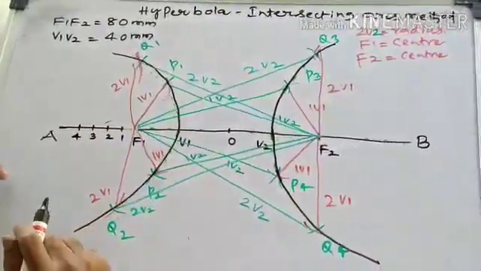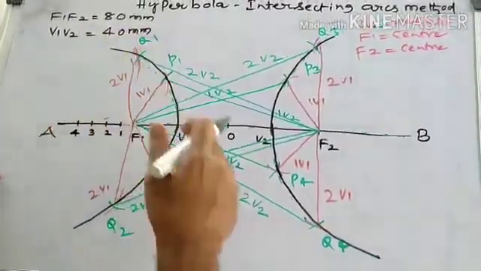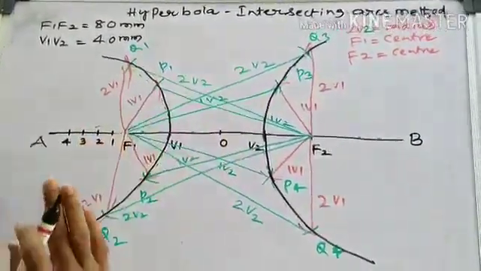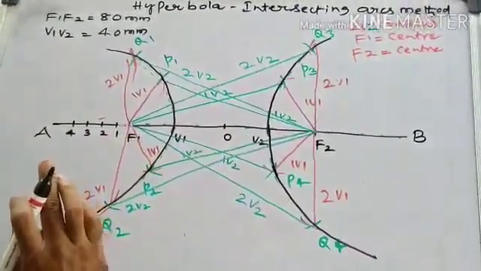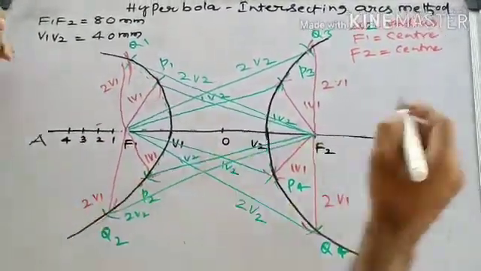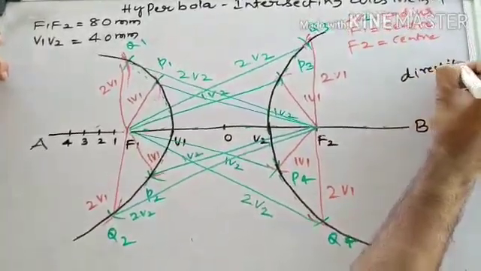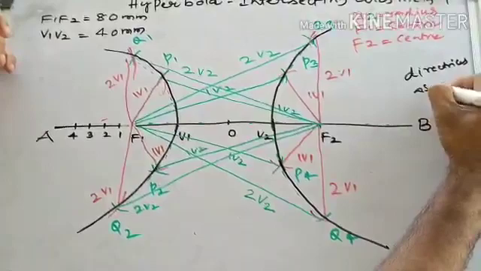Now for this one, how to draw its asymptotes and directrices? Simple procedure.